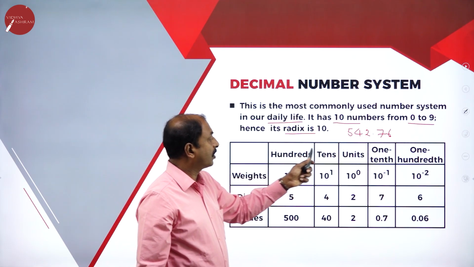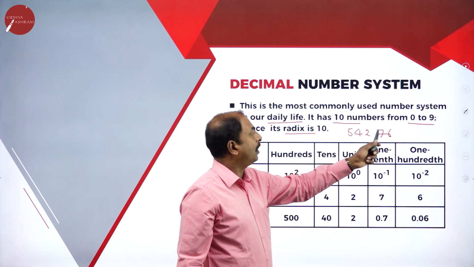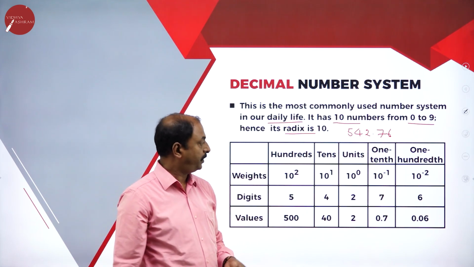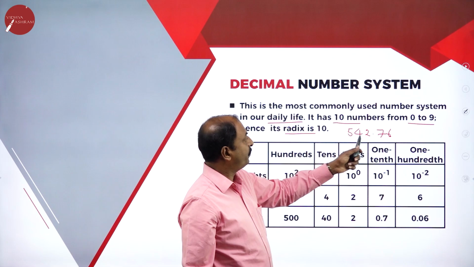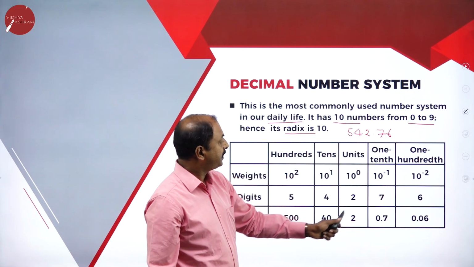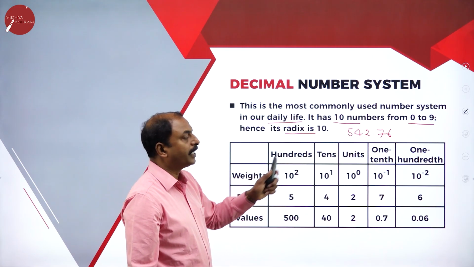So this is what we are talking about, the positional number system. Each digit is represented with a particular position. In 542.76, 2 is in the units place, 4 is in the tens place and 5 is in the hundreds place.